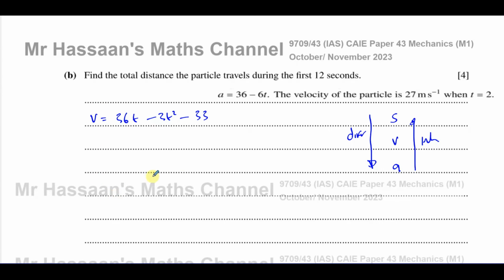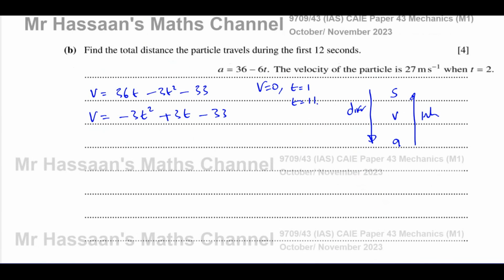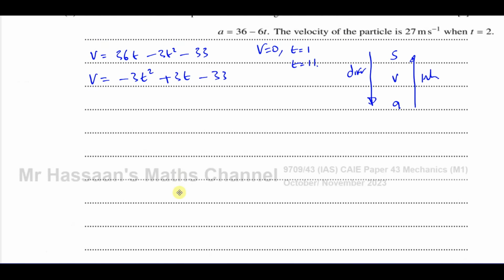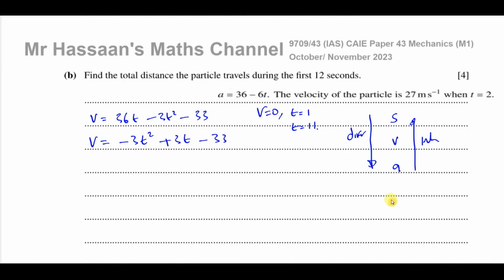However, we know that the velocity is 0 when t equals 1 and t equals 11. If we rewrite this as minus 3t squared plus 36t minus 33 and draw a graph, we know the total distance is not the same as the displacement. When you integrate this, you don't find the distance traveled, you find the displacement.